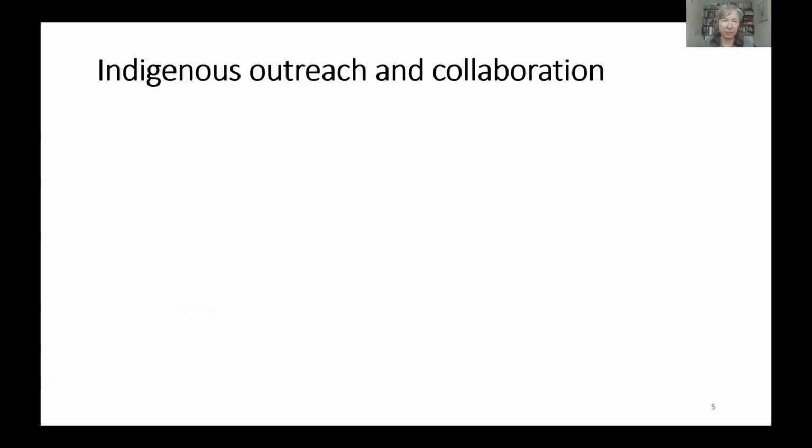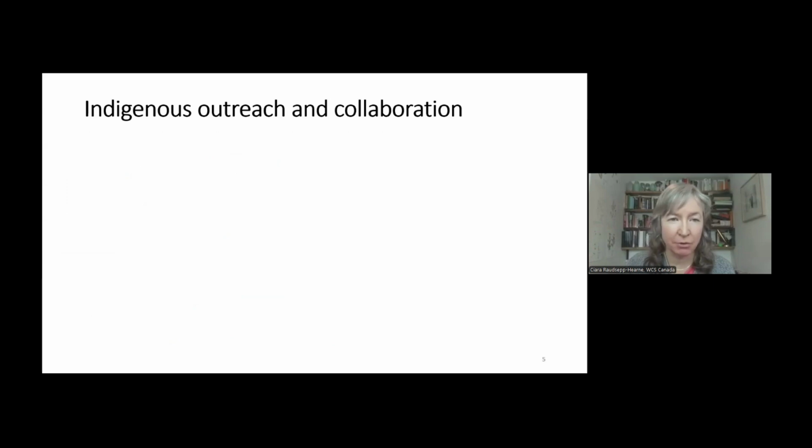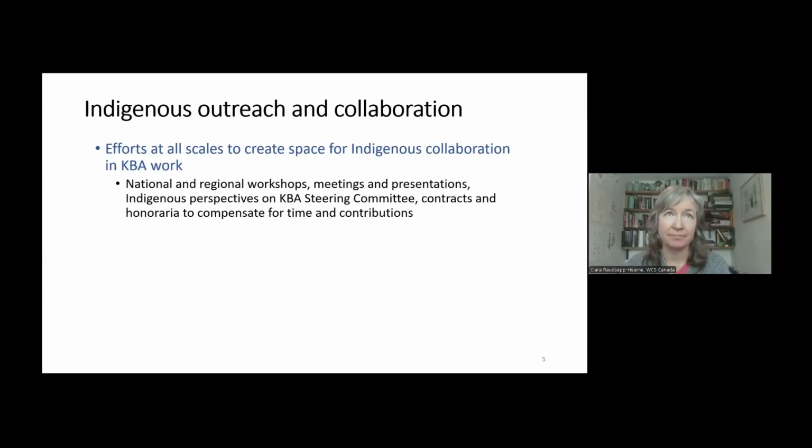So I'm going to just focus on one aspect in terms of the outreach, but it's just an example of how we've talked to different end users and different partners and collaborators. A very important partner in Canada, or really a set of thousands of partners, are Indigenous nations across the country.